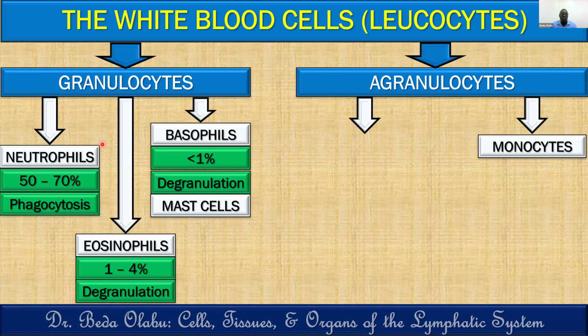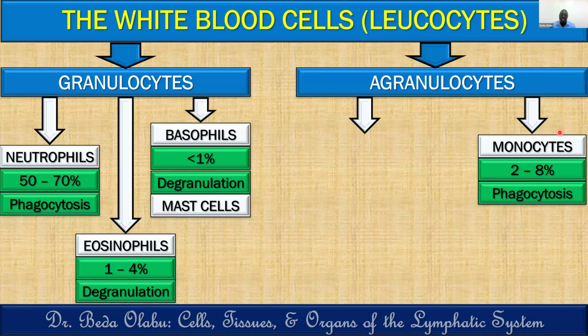Some are binucleated, some have a bilobed nucleus, trilobed nucleus, quadrilobed nucleus. So the nuclei have multiple morphology. The term we use is polymorphonuclear white blood cells. To distinguish them from those, these ones have a single clear outline of nucleus. We call them monocytes. They constitute about 2 to 8% of all the white blood cells in the body.